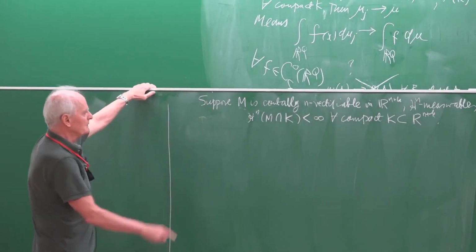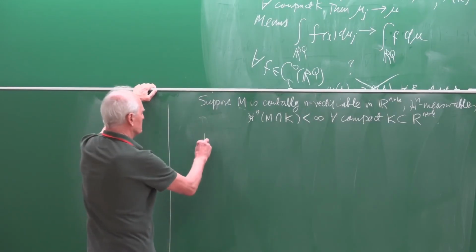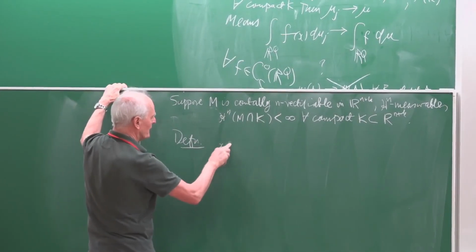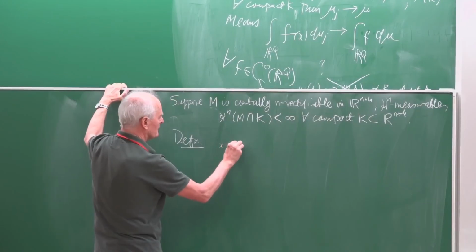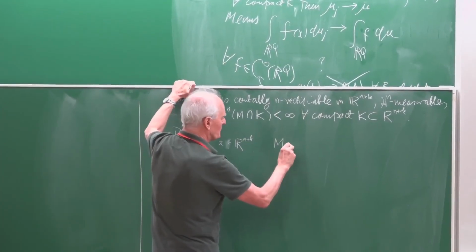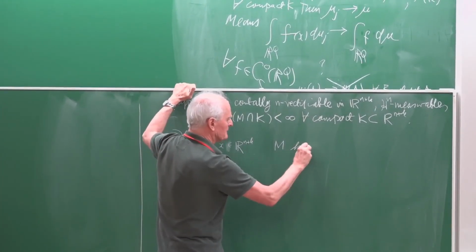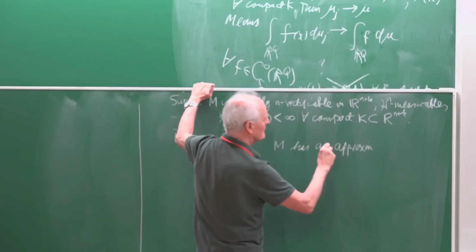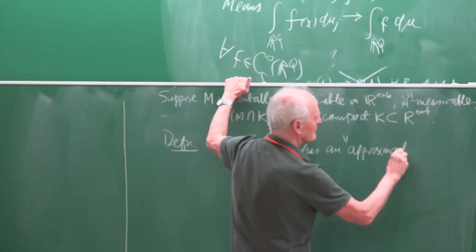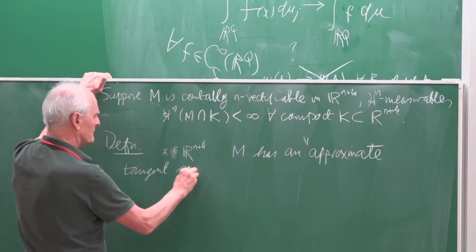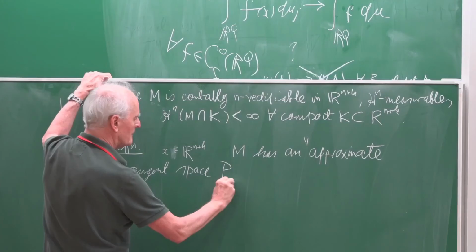So let's go back to our discussion now. Here's the definition. Take a point x in M, or any point x in R^(n+K), typically in M. Then M has an approximate tangent space, let's call it P, where this is an n-dimensional subspace of R^(n+K).